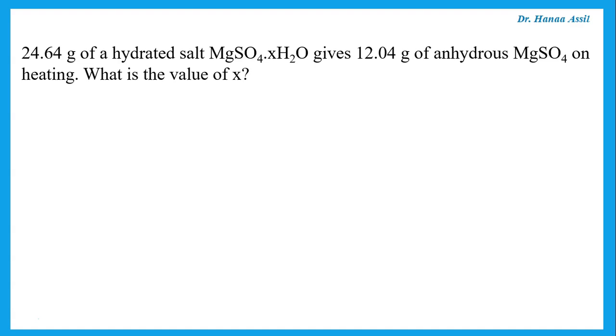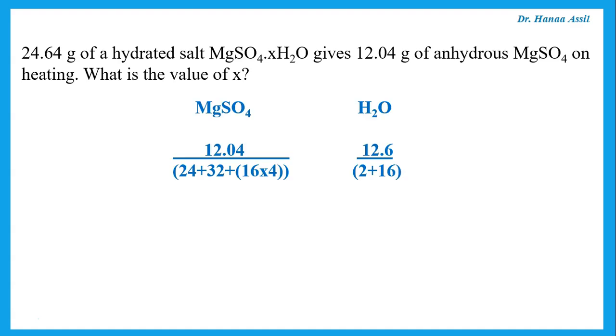Again, sometimes we will have hydrated salt. Hydrated salt is something that has water in its crystal. So MgSO4 . X water, and we're trying to get what is the X. So we are told that it has 12.04 grams of the MgSO4, and that means that the rest of the 24.64 is the water. And you treat it as if you're getting the empirical formula. The magnesium sulfate alone is 12.04.